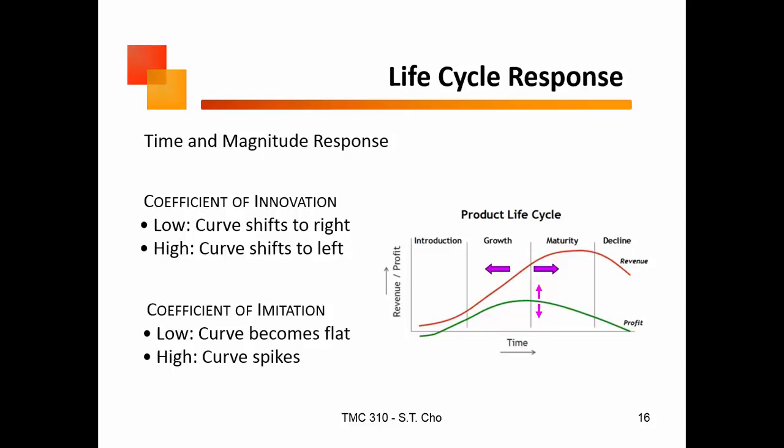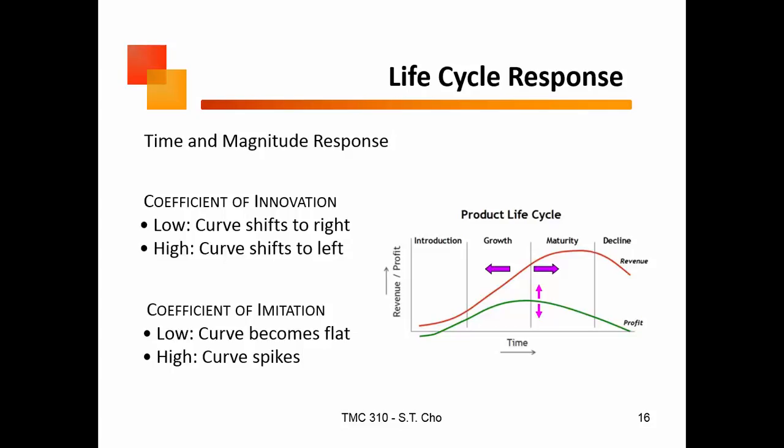And so when you have a lot of innovation, then your curve moves to the left, and that means it gets adopted much more quickly because you have something really interesting that people want to look at. On the other hand, if it's just another Me Too product, then it tends to get adopted a lot more slowly.